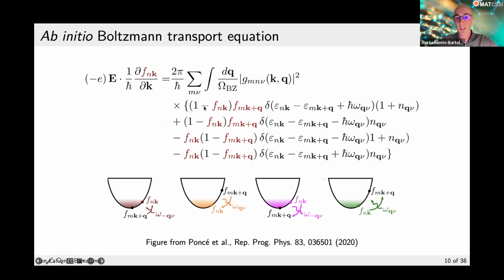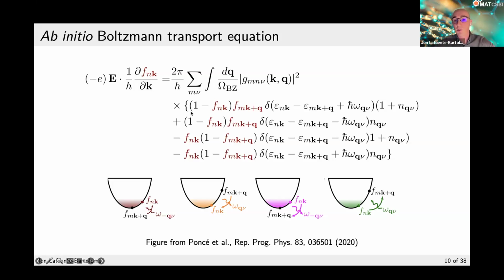There are scattering events that bring electronic states from anywhere else to our nk states, let's say, and there are collision events that take our occupied state in nk out to any other place. And in all these scattering events, the energy has to be conserved, and this is given by these delta functions. And it might happen due to both phonon emission or phonon absorption. And the occupation of these phonon states is controlled by this Bose-Einstein occupation function.